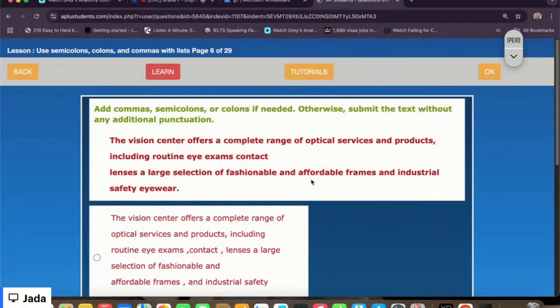The Vision Center offers a complete range of optical services and products, including routine eye exams, contact lenses, a large selection of fashionable and affordable frames, and industrial safety eyewear.